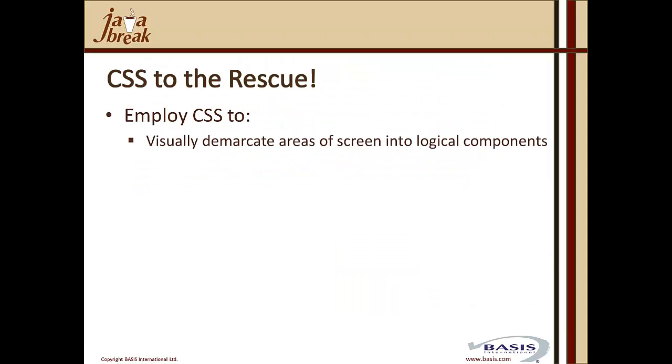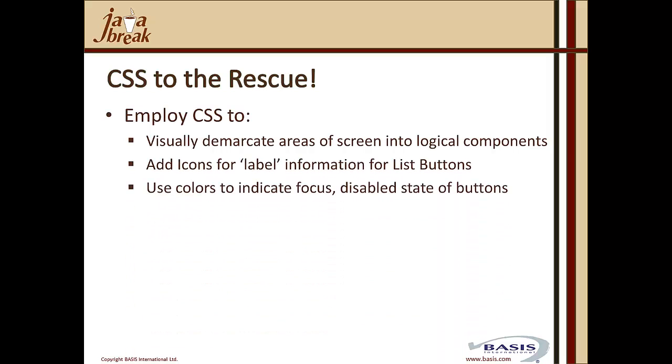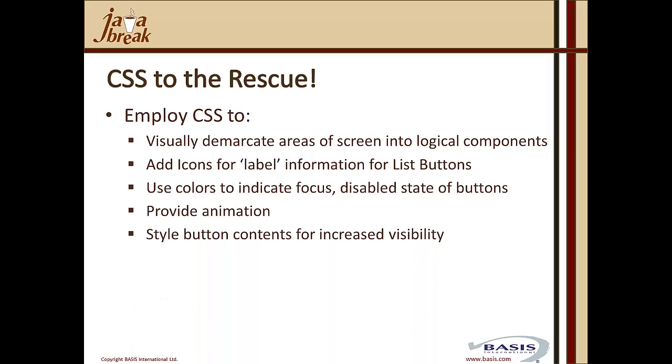Thanks, Mike. Well, let's talk more about CSS. We can employ CSS to visually demarcate areas of the screen into the logical components, add icons for label information for those list buttons, use colors to indicate which list button has focus, show the disabled state of buttons, provide some animation, and you can style those buttons for increased visibility and impact.